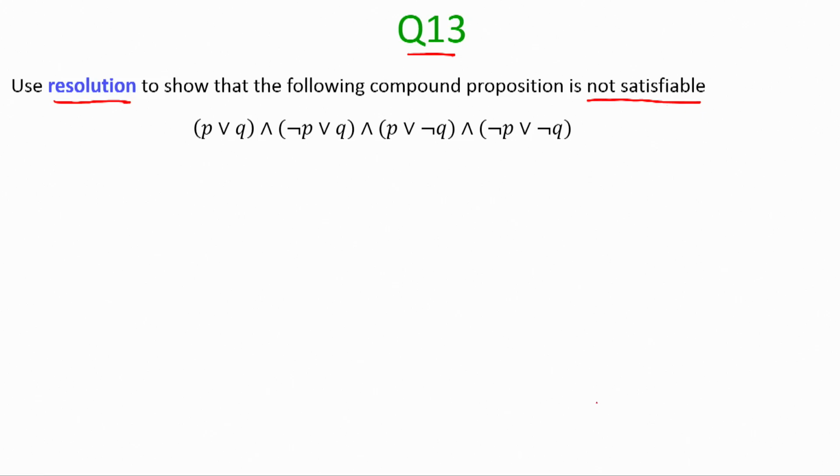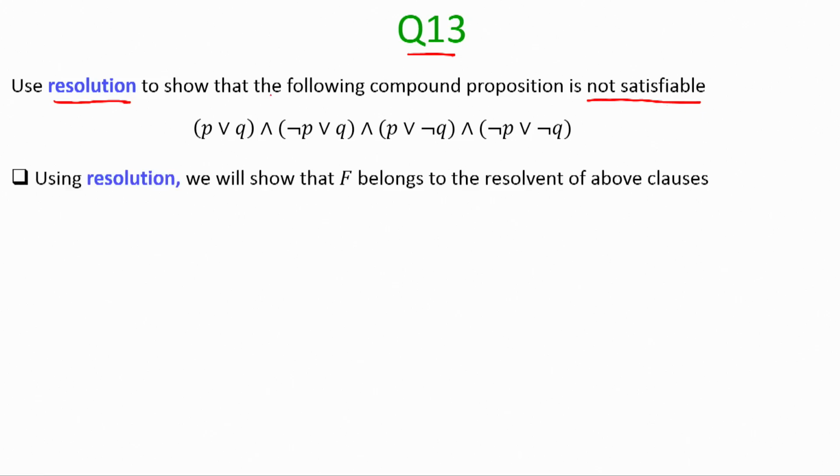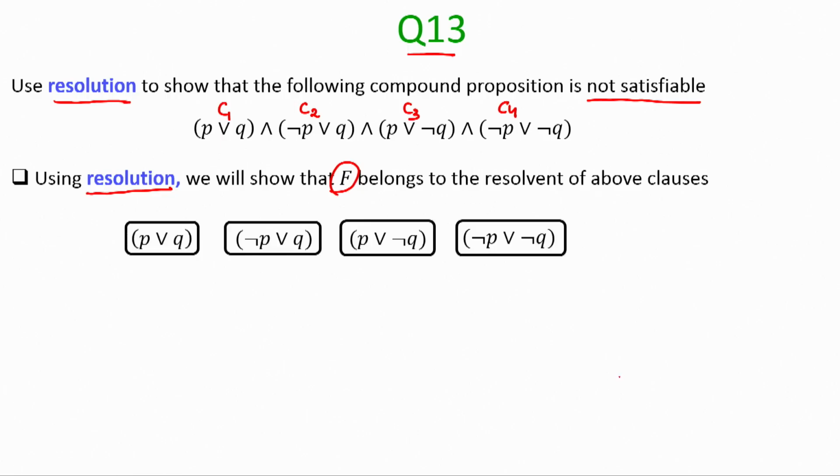And as per the properties of resolution, basically to show that the conjunction of these clauses is unsatisfiable, I have to show that the constant f belongs to the resolvent of the above clauses. So, let us build a resolvent or resolution tree for this set of clauses here.